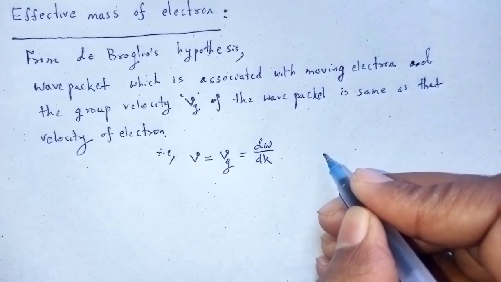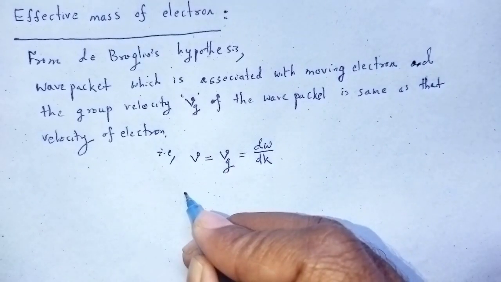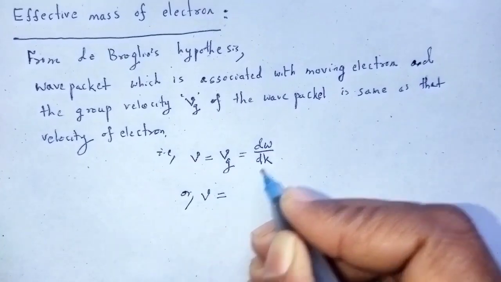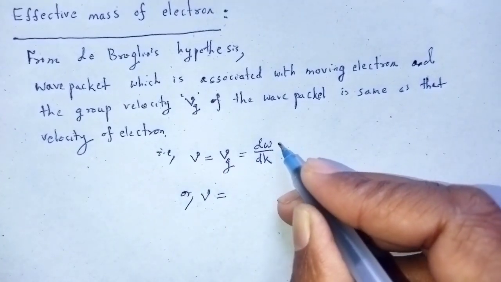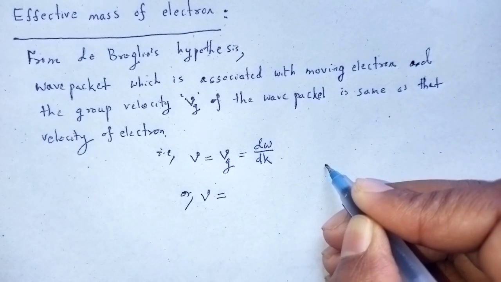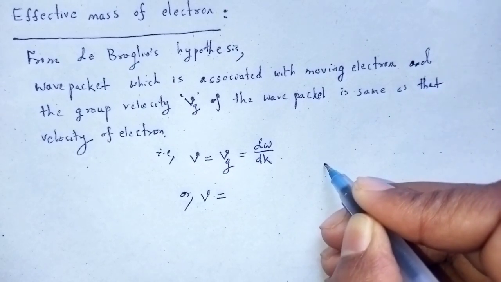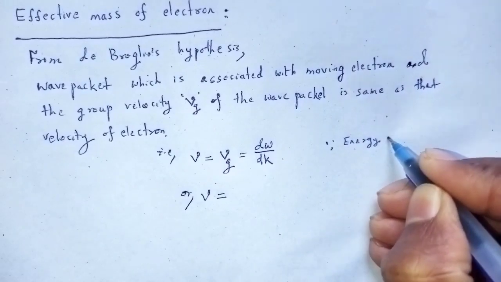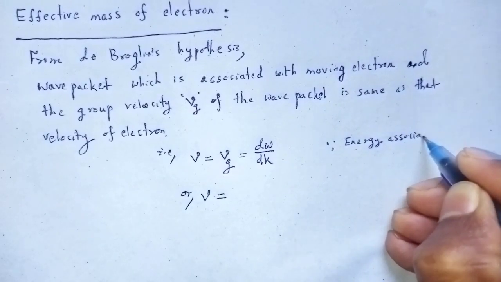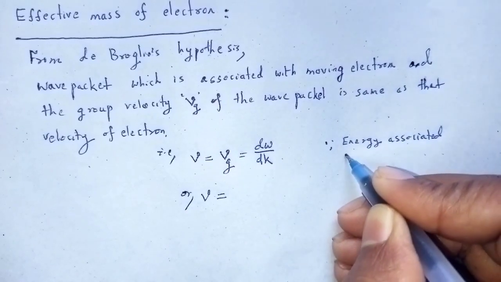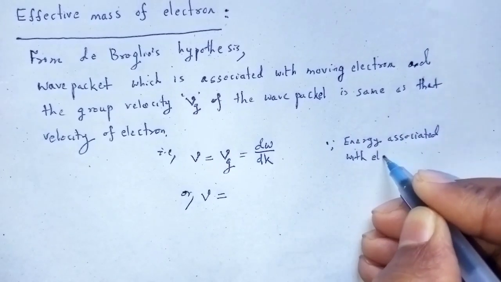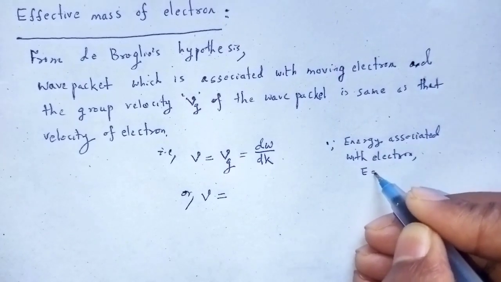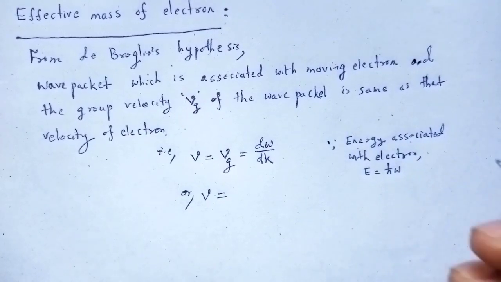As we know, our velocity v is equal to, in place of omega, the energy associated with the electron, E is equal to h cut omega.